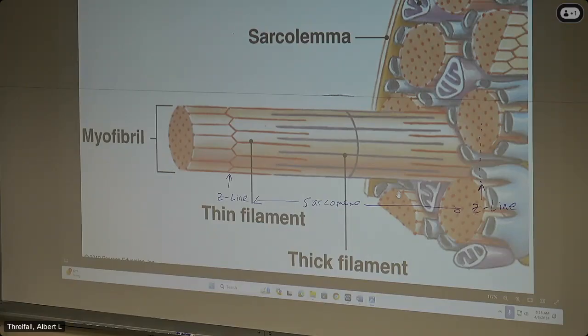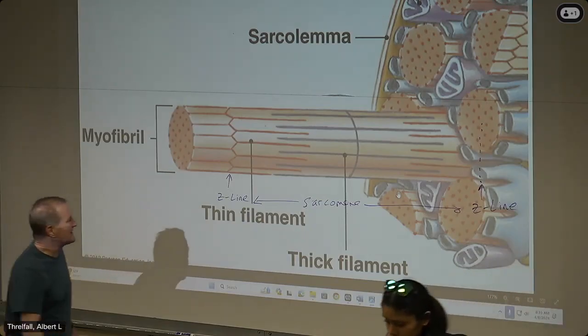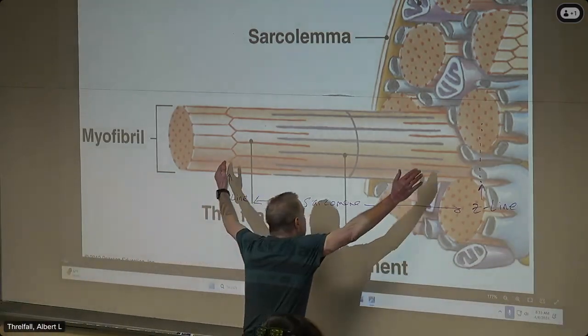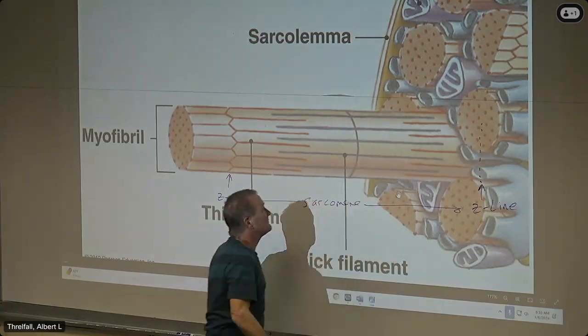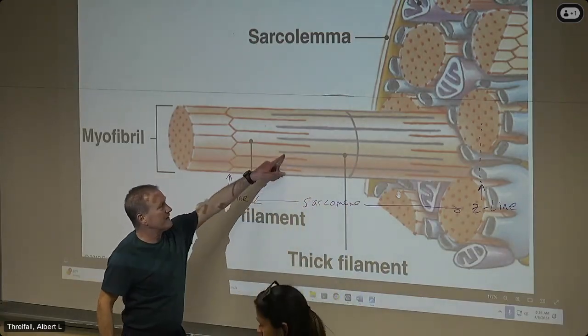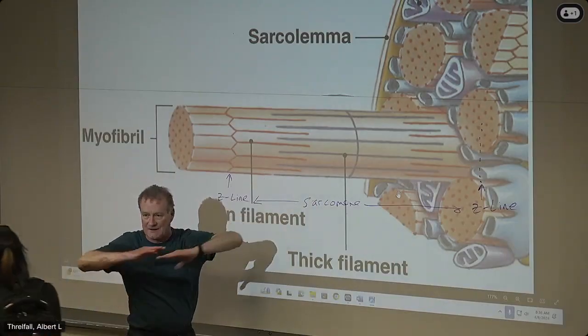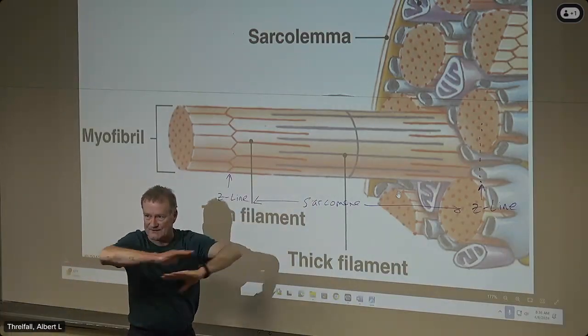So we know that muscles contract, they shorten, and they typically move bones. They do other things, smiling, for example. But when a sarcomere contracts, it's going to become shorter. These filaments are going to slide across each other like this.